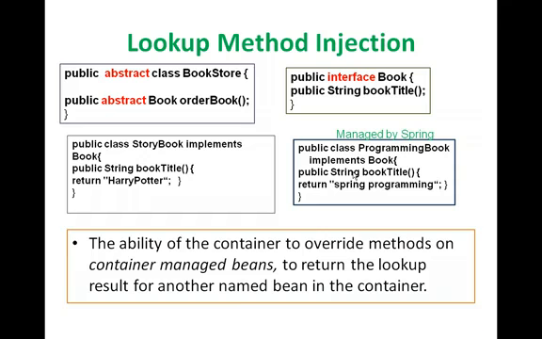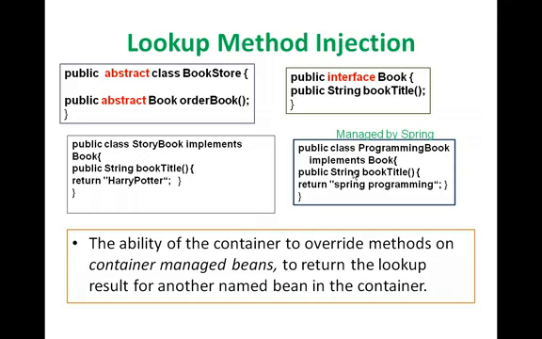Now, when I call the orderBook method through an implementation, I want a programming book to be returned rather than a story book. That means even though BookStore is a concrete class and your orderBook returns a story book, I have the power of returning a programming book using the Spring framework. We'll see this very clearly with an example.